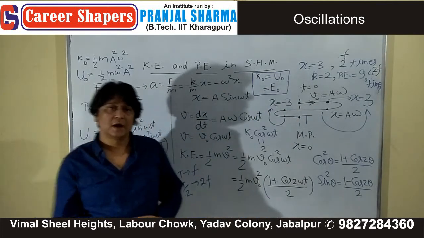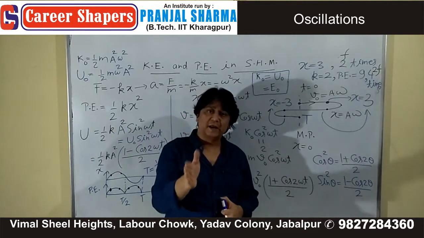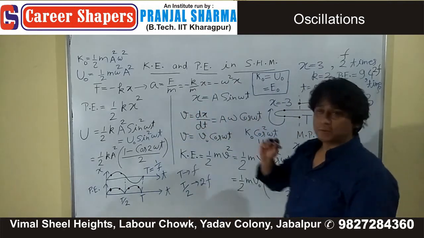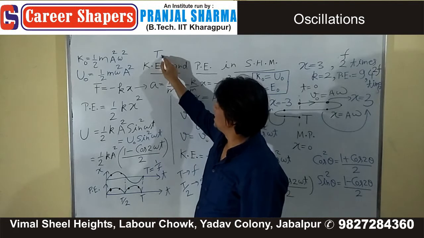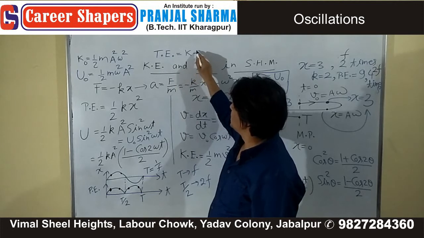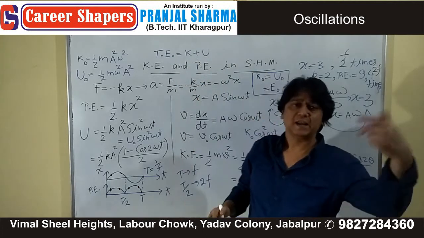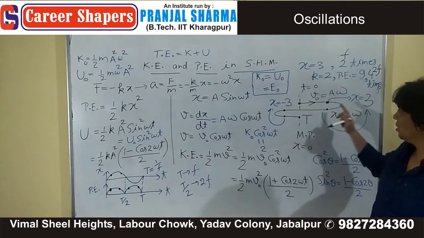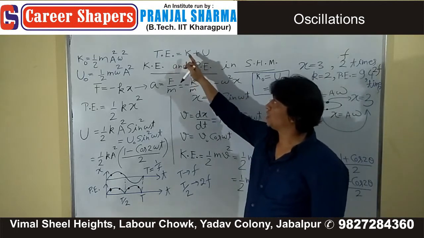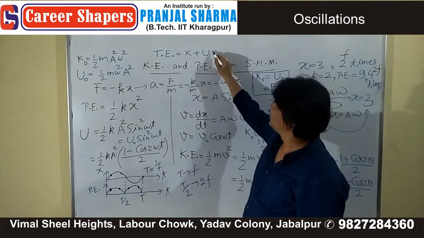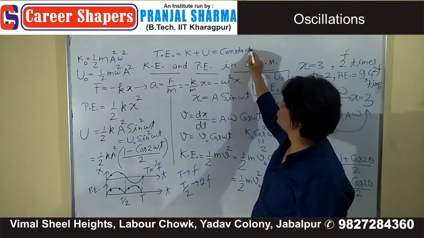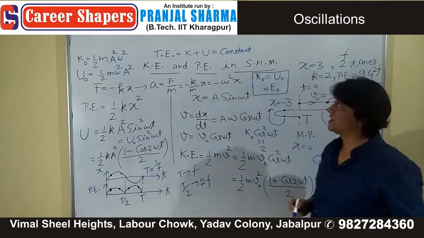Total energy during any event is kinetic plus potential, at any place, not necessarily the mean position or amplitude position. And this sum should remain constant because energy is conserved. We are not changing the energy.